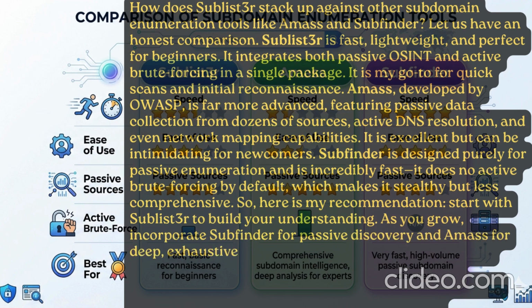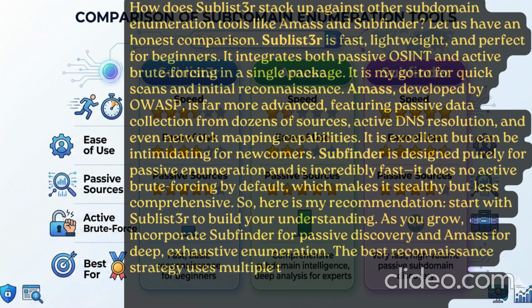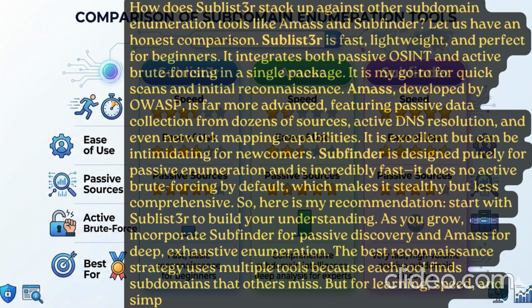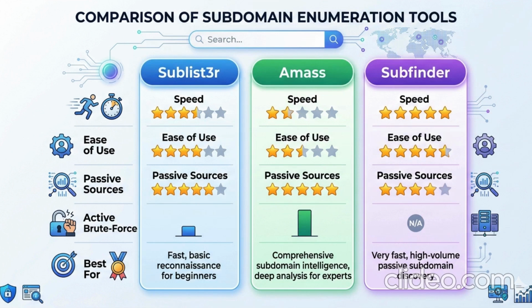As you grow, incorporate Subfinder for passive discovery and Amass for deep, exhaustive enumeration. The best reconnaissance strategy uses multiple tools because each tool finds some domains that others miss, but for learning, speed and simplicity, Sublist3r is the perfect starting point.